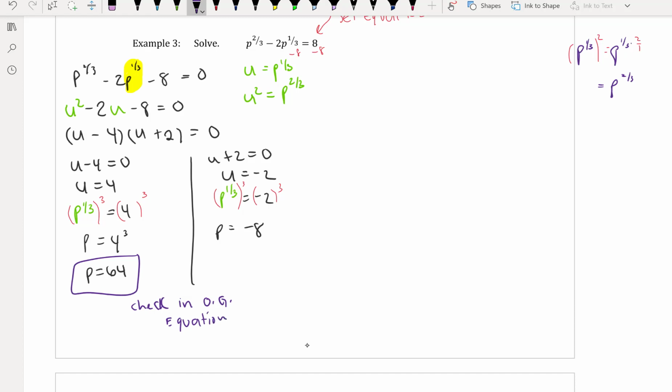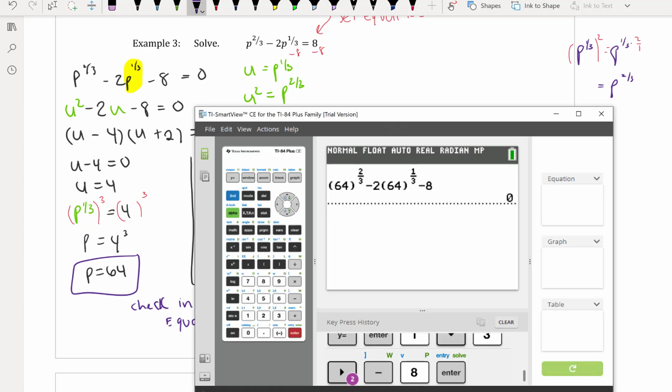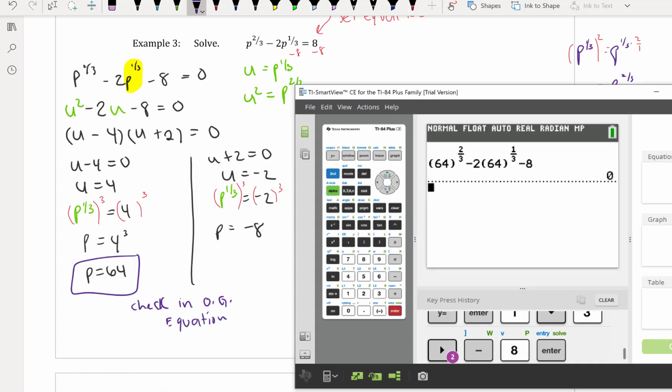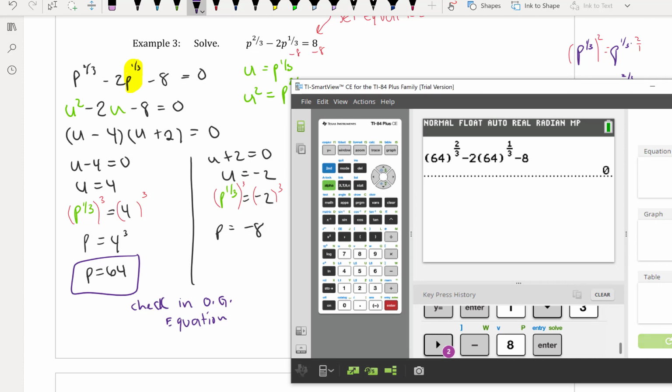So now I'm going to do the exact same thing using my next answer. So here I have p is equal to a negative 8. So I'm going to go ahead and clear this and try it for negative 8.